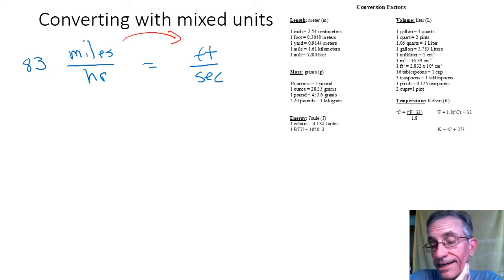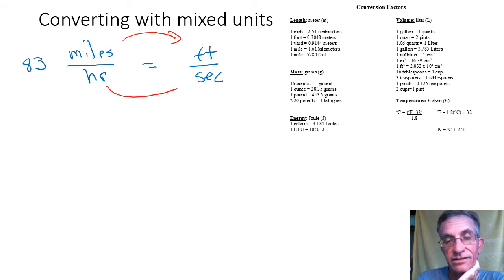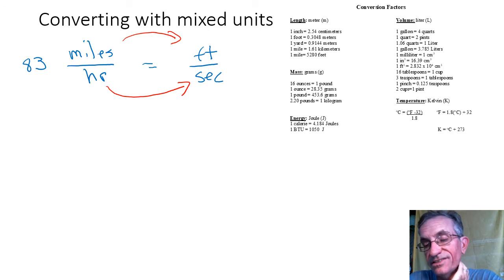And then I don't like the bottom unit either. The hours, I don't want to know per hour. I want to know per second, feet per second. How many feet do I go in a second? So I would also have to take the bottom one and convert it, hours to seconds. So this is another one where we're going to have to do 2 steps. We're going to have to do 2 problems, okay?